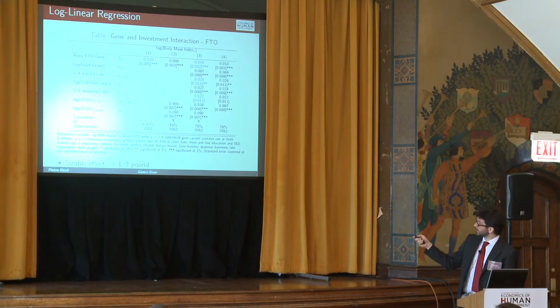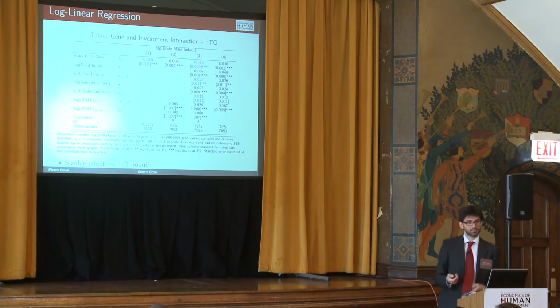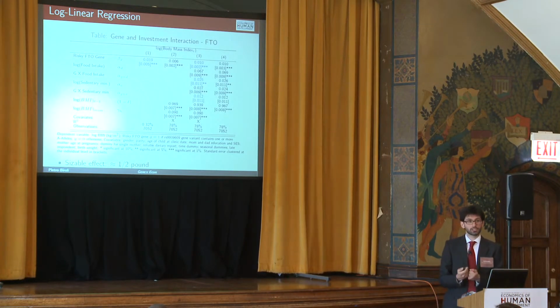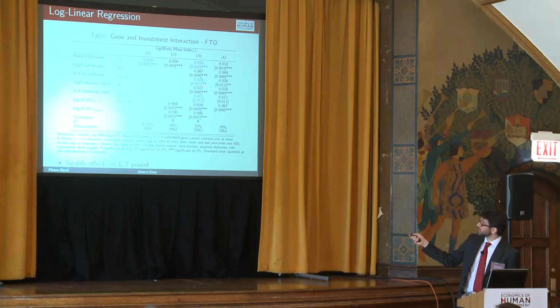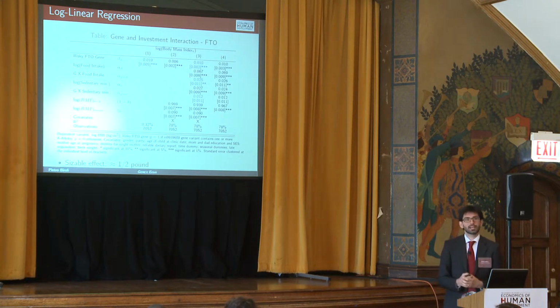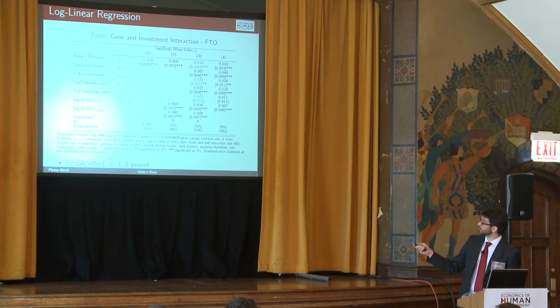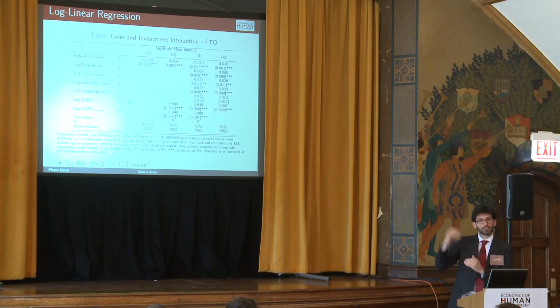More interestingly, if you look at column 3, we introduce food intake and sedentary minutes, the two investments of interest, and we interact them with the genotype. And we see that there's a significant interaction between how much food children eat and the genotype of interest. Therefore, the children who have this risky genotype tend to convert the same amount of calories into a higher level of BMI.